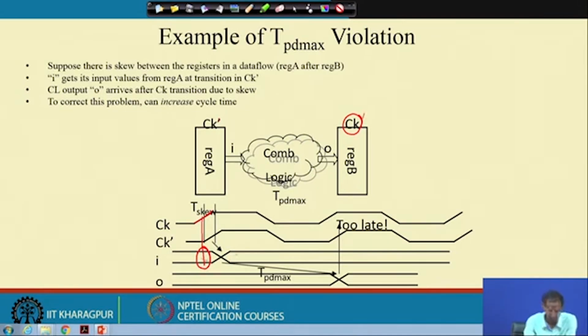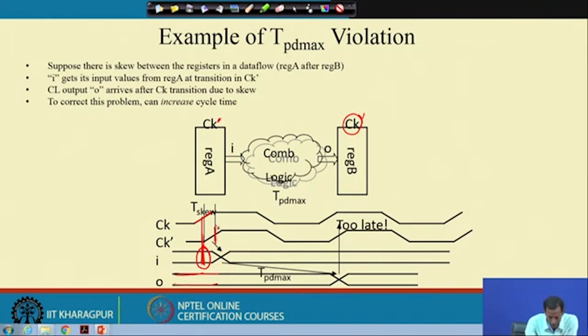Now, at this particular edge, as this is finding that these values are not changing, it will try to hold its value. Then again what is happening for this, this is clock bar, this is clock. So, at this clock bar what is happening?